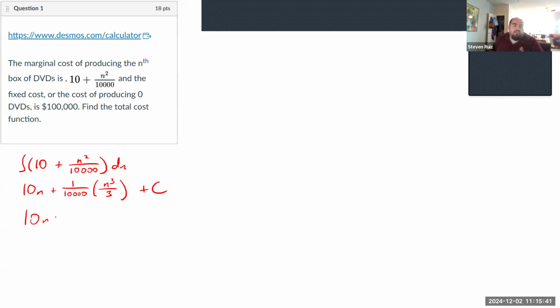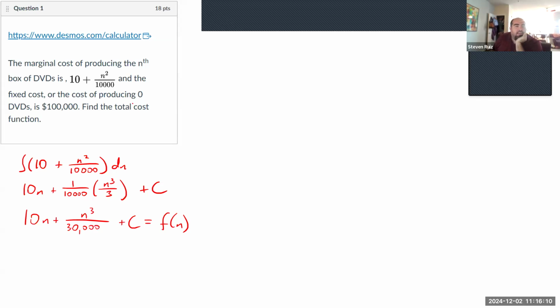So 10n plus n cubed over 30,000 plus C, and we'll call that f of n. So this is our total cost function, but we do have enough information to figure out what that value of capital C is.